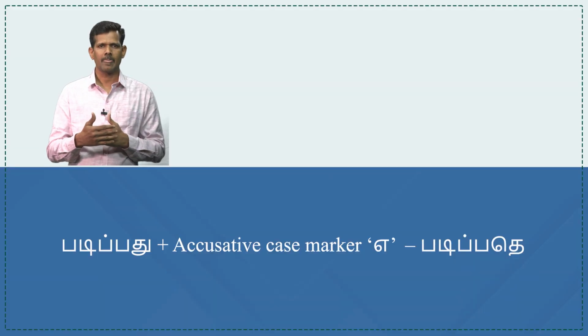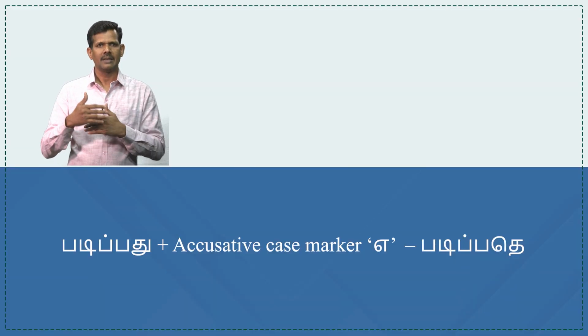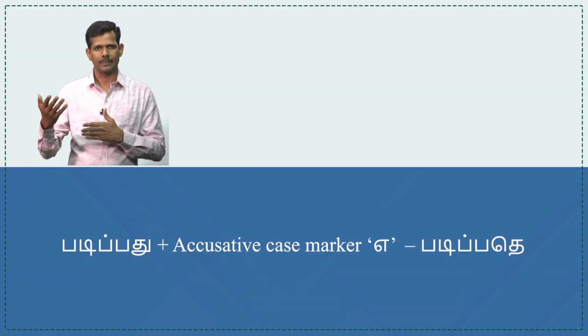While the base form functions as a subject, it must transition into its oblique form to accept case markers such as accusative, dative, locative, etc. This pattern remains consistent across all verbal nouns, allowing any action to be treated syntactically as a physical object or location. படிப்பது plus accusative case marker ஏ, படிப்பதே.